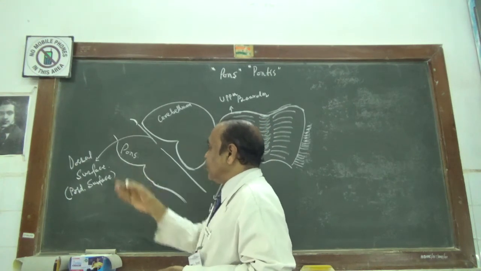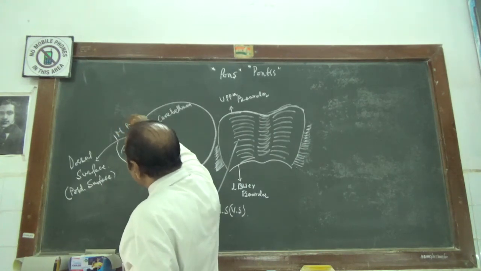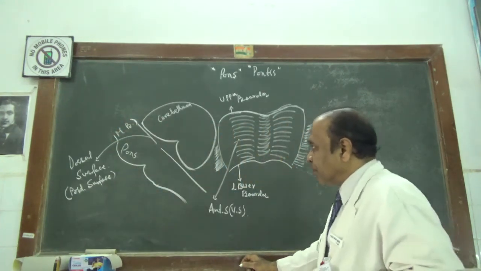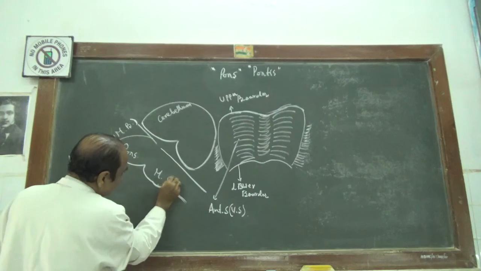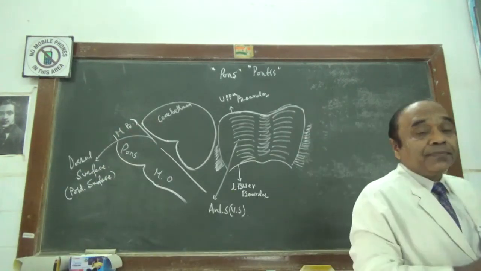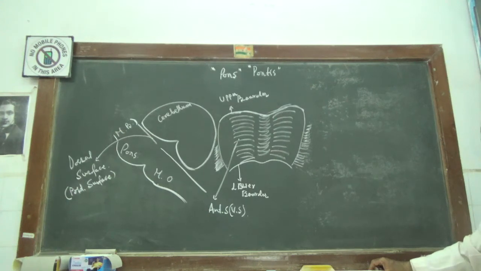Cranially it is related to the membrane. Below it is related to the medulla oblongata, and this pons is present at the dorsal part of the body of the sphenoid and very close to the posterior clinoid process of the body of the sphenoid.